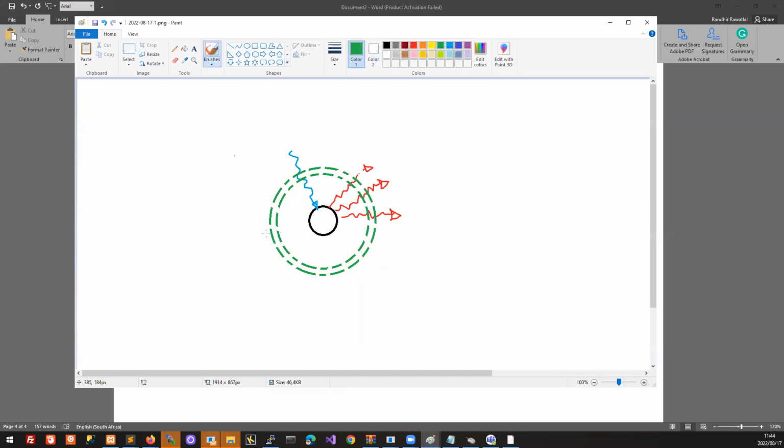So we can say this one is at R, and this is at R plus delta R. Okay, and so this defines our control space, right?